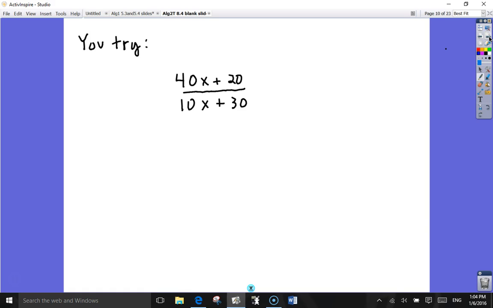Okay, try to do that one. Factor and cancel common factors. Did you factor the numerator? What was the greatest common factor?